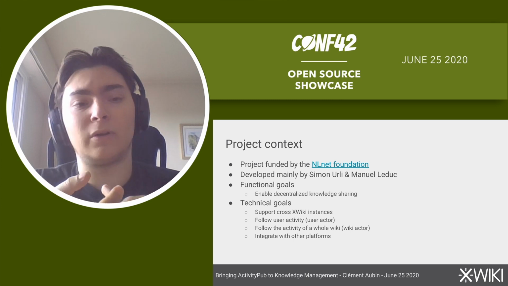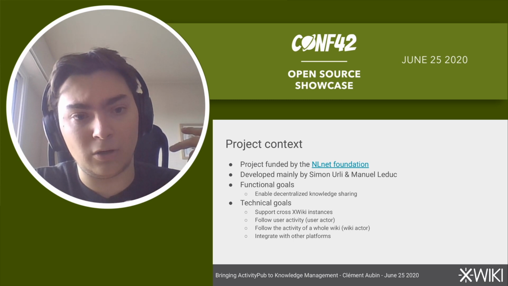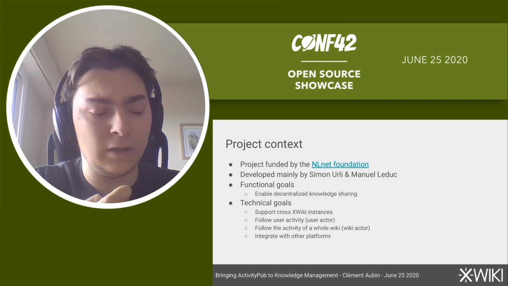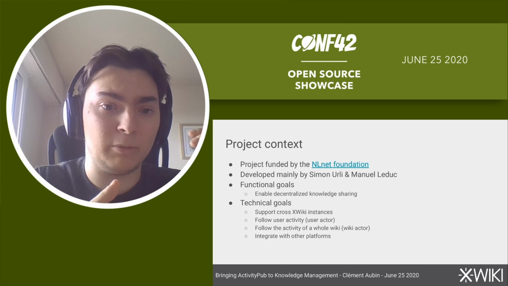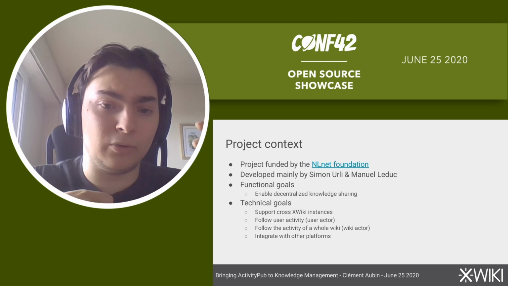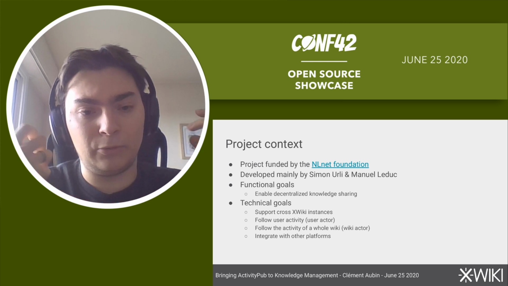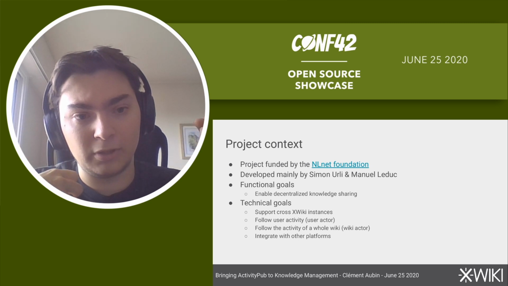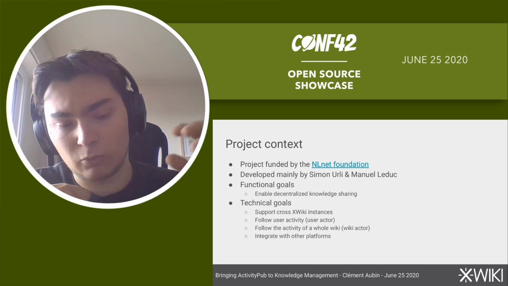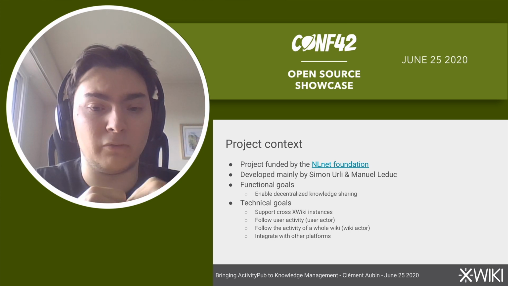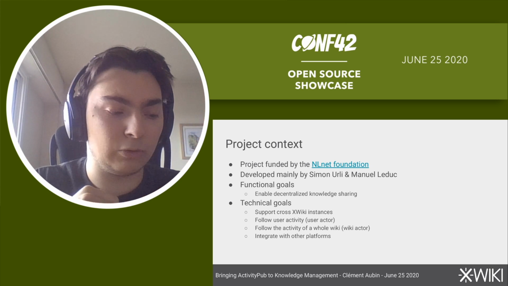Another goal was to start working on the integration with third-party platforms, because one of the key goals of this project is to ease the flow of information between one source of information and the people that will use this information. That's what we are trying to achieve.